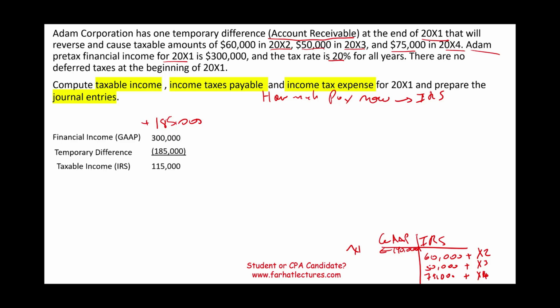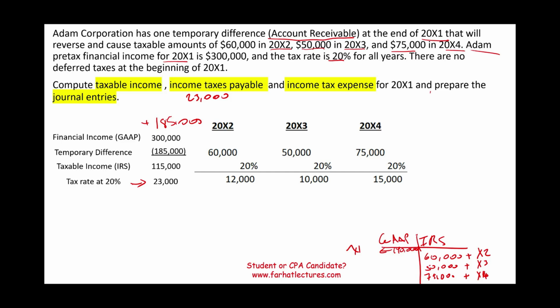Well, that's straight enough. Now we're going to take this 115 multiplied by 20% to get to our tax bill. So our tax bill is 23,000, and the 23,000 is what I told you is income taxes payable, or how much do we have to pay now. Now, we are told in 20X2, 60,000 would reverse, 20X3, 50,000 would reverse, and in X4, 75,000 will reverse.